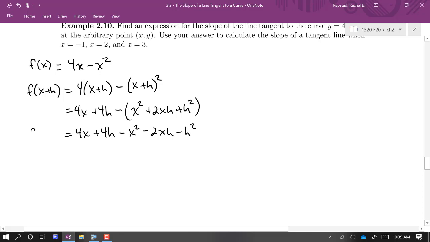So this is f of x plus h. Now we want to subtract f of x. And if I subtract f of x, I'm subtracting this whole thing. I'm going to be subtracting 4x, and I'm subtracting a negative x squared, so I'm going to add x squared.